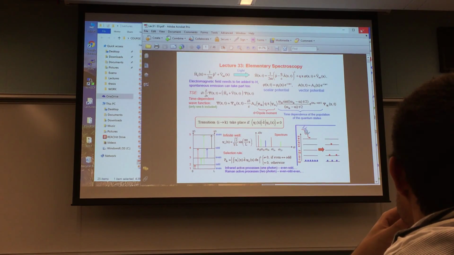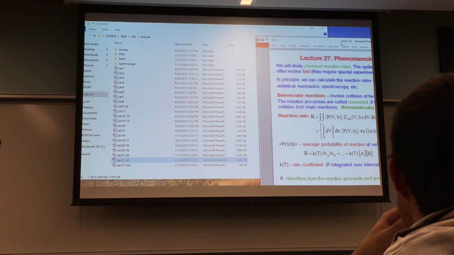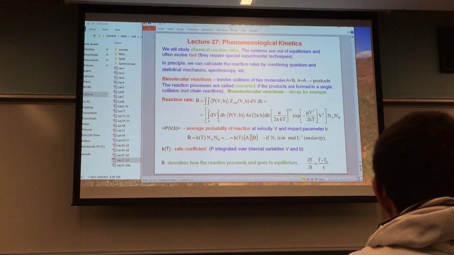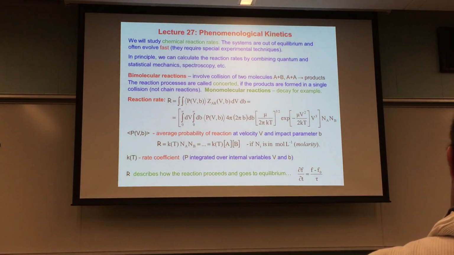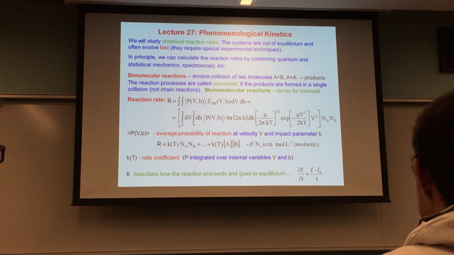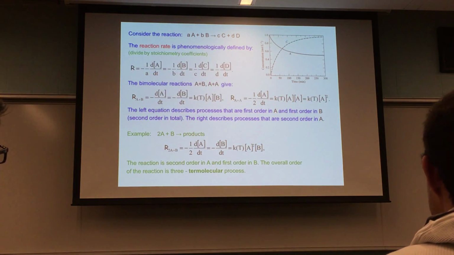Yeah, the spectroscopy is just after that. So we have the phenomenology of kinetics in a couple of lectures, which we went over. I guess you already did it probably in some other classes. I don't know. If not, then that's probably what would be good to know that we discussed.